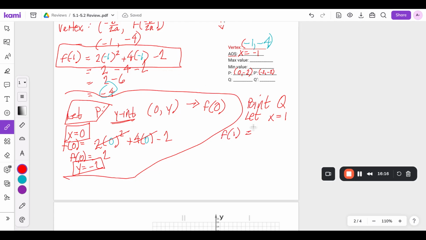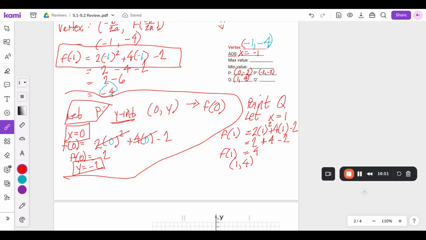You're going to do the same thing up here. 2 parentheses 1 squared, add 4 parentheses 1, minus 2. 1 squared is 1 times 2 is 2. 4 times 1 is 4, it's positive. This becomes 2 plus 4, 6 minus 2 is 4. So guess what? F of 1 equals 4. Therefore, the coordinates of this point are 1, 4. So that's point Q, 1, 4.